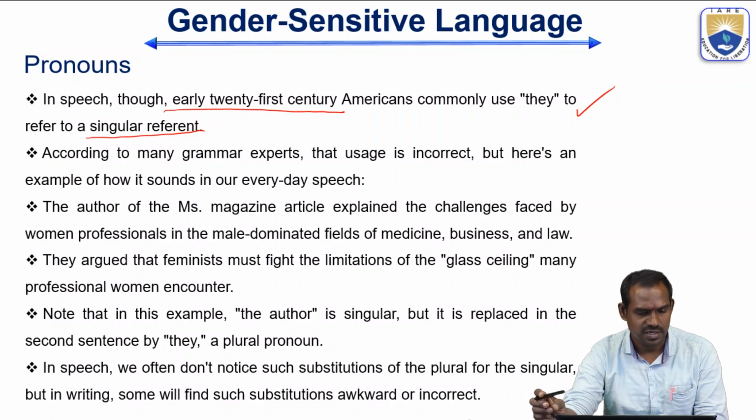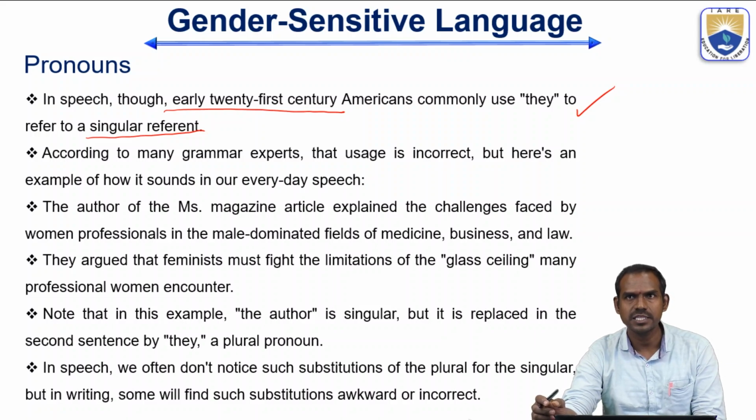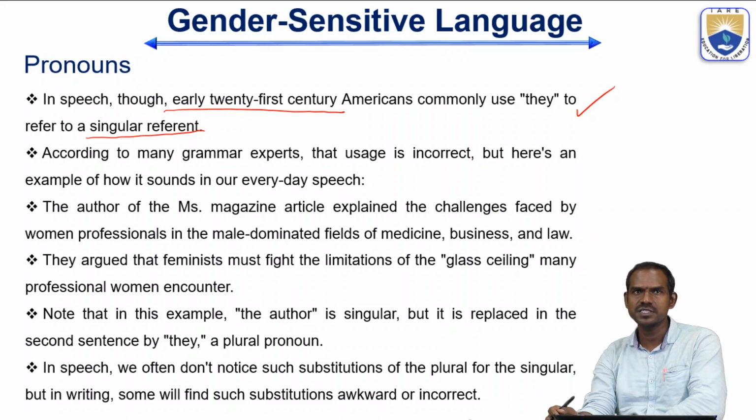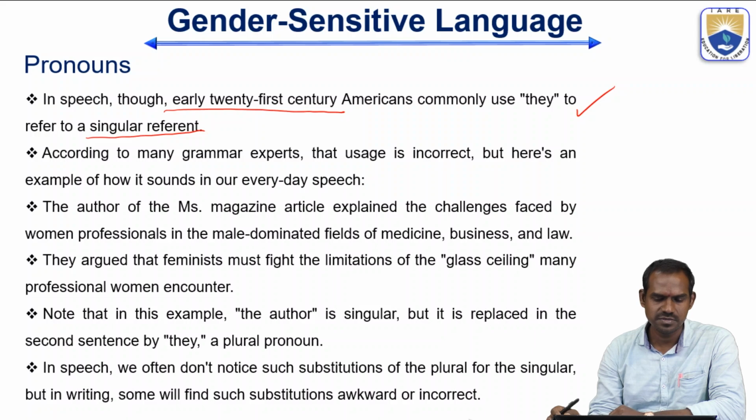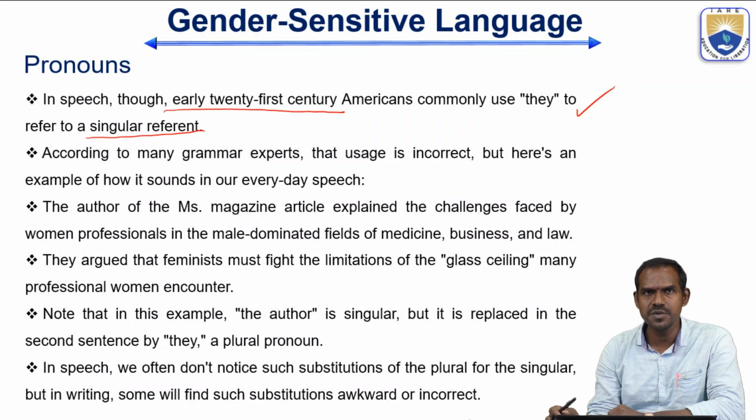Let's see. The author of the Miss Magazine article explained the challenges faced by women professionals in the male-dominated fields of medicine, business, and law. It can be written as: they argued that feminists must fight the limitations of the glass ceiling many professional women encounter.